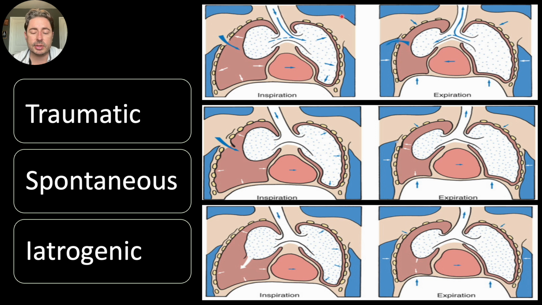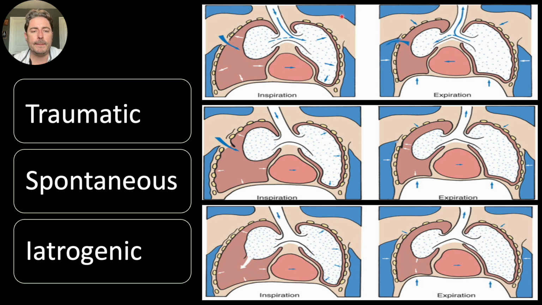Sounds very similar to the open pneumothorax. Gas can move in and out of the pleural space freely, and you have what's called a sucking chest wound, another way to look at that traumatic pneumothorax, or even calling it an open pneumothorax.